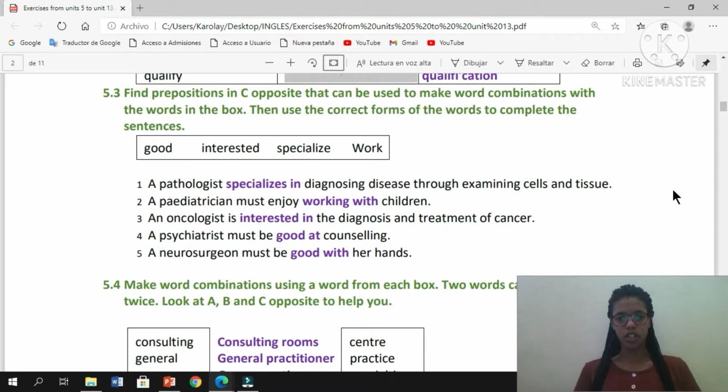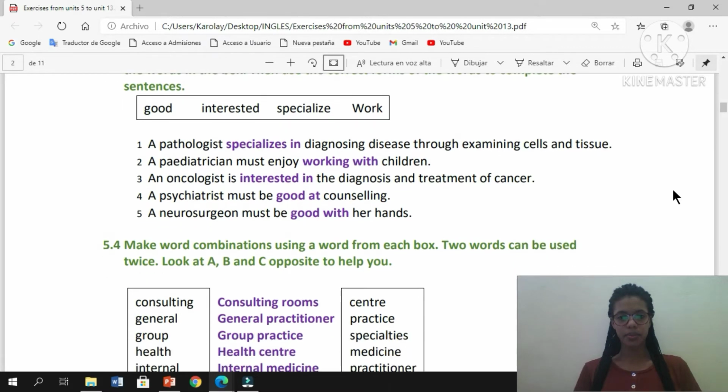A pediatrician usually works with children. An oncologist is interested in the diagnosis and treatment of cancer. A physiotherapist must be good at counseling. A neurologist must be good with her hands.